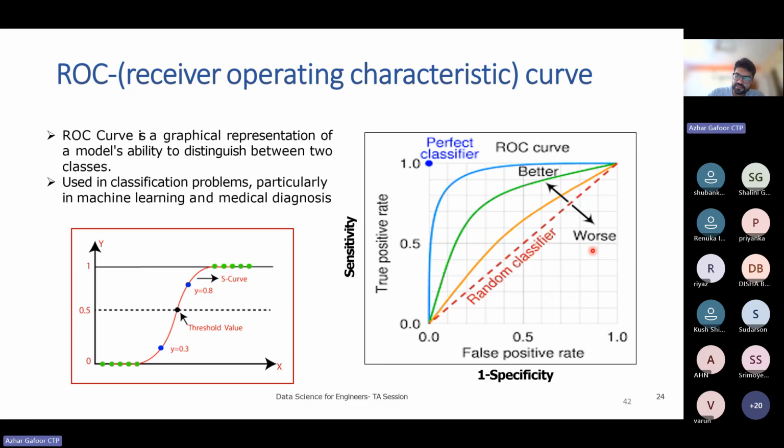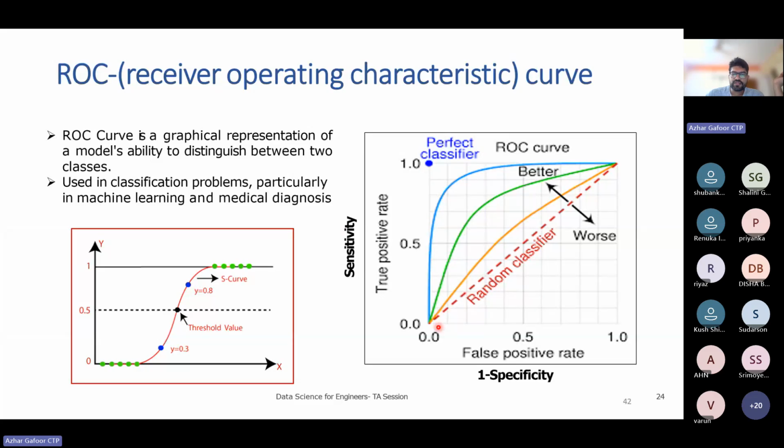If the ROC curve falls below the line, then we can say that our model is performing worse than a human, or we cannot use that model anywhere, because 0.5 is the minimum accuracy expected for a binary classification problem.